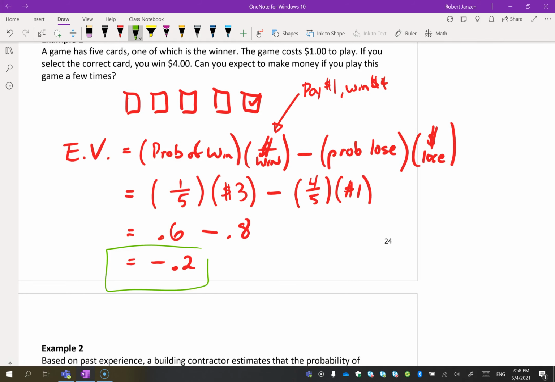If you play this over and over again, you can expect to lose $0.20 each time, which is 20 cents. Now obviously you're not going to lose 20 cents. You're going to lose either $1 or you're going to gain 3. But if you do this repeatedly, this is what you would expect to lose each time, on average.